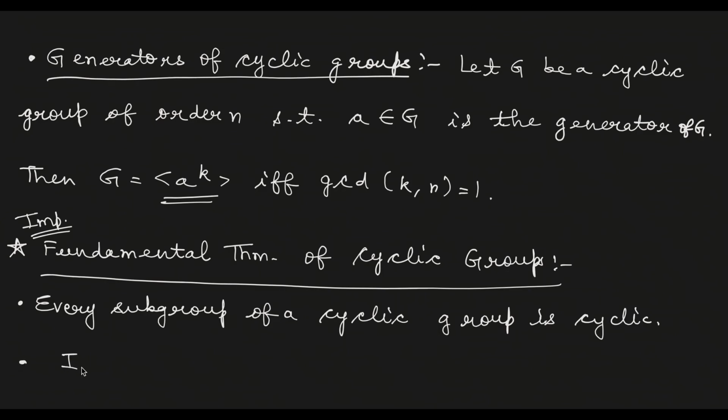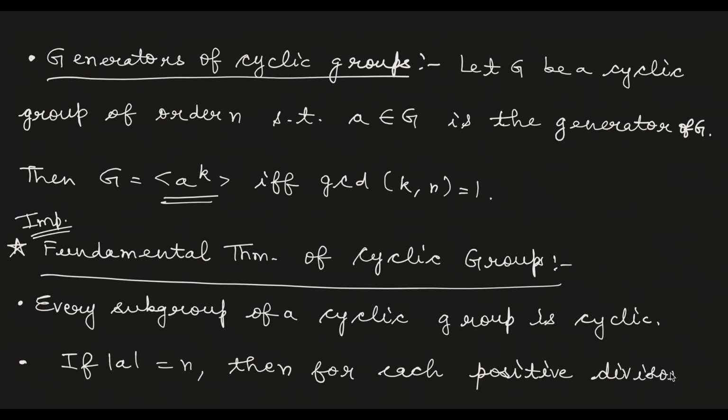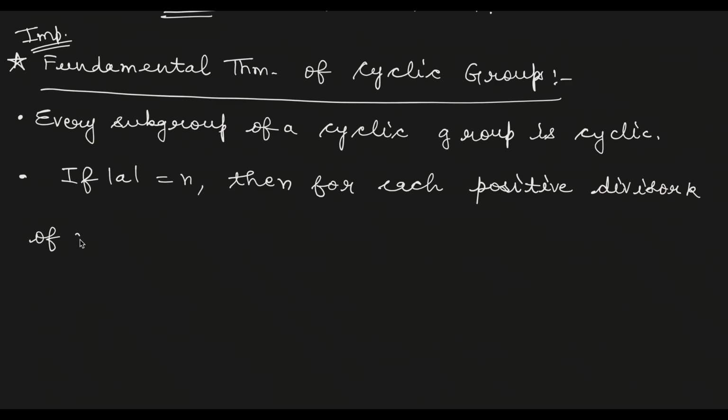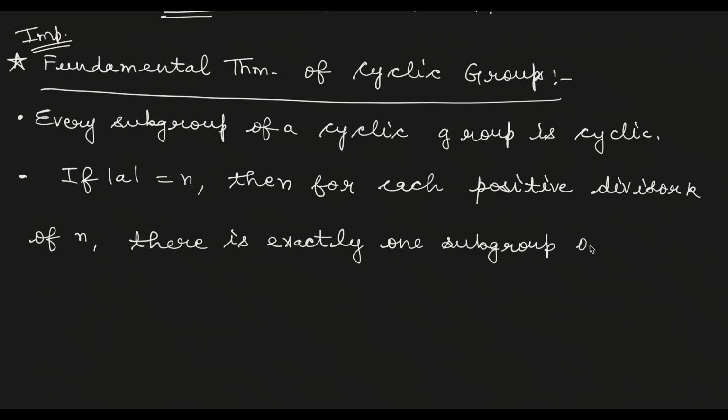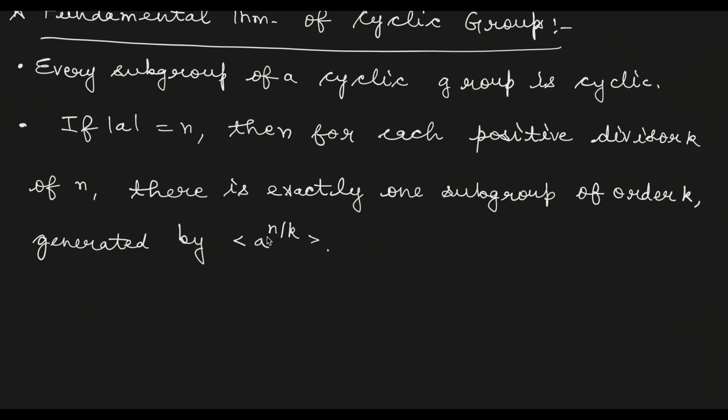If order of A is equal to n, then for each positive divisor k of n, there is exactly one subgroup of order k generated by A to the power n by k.